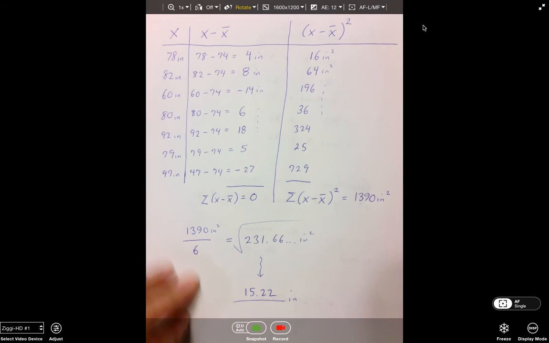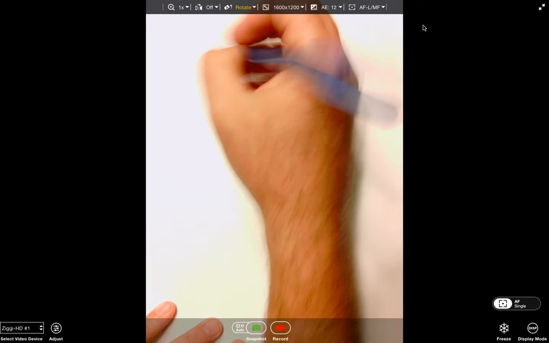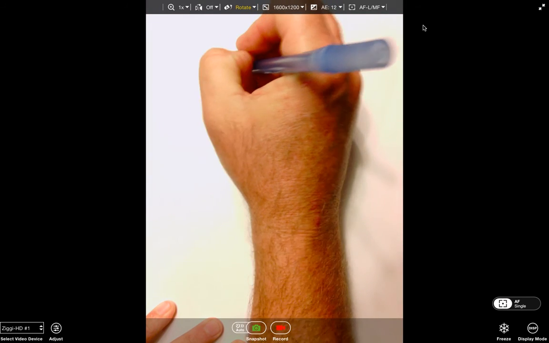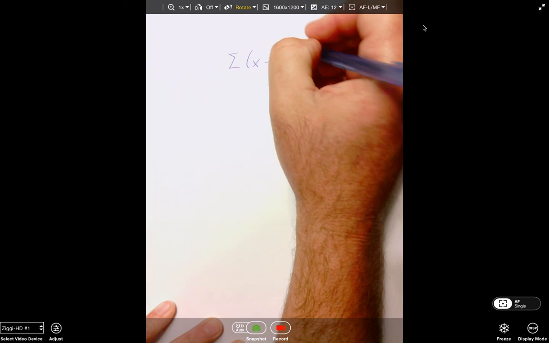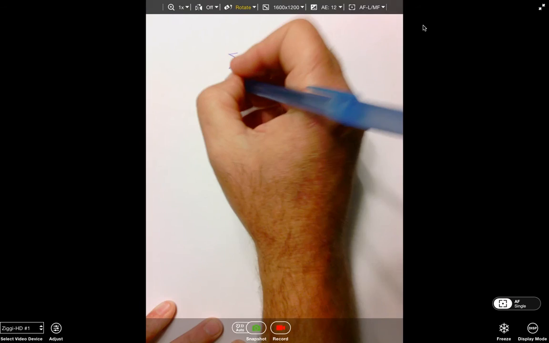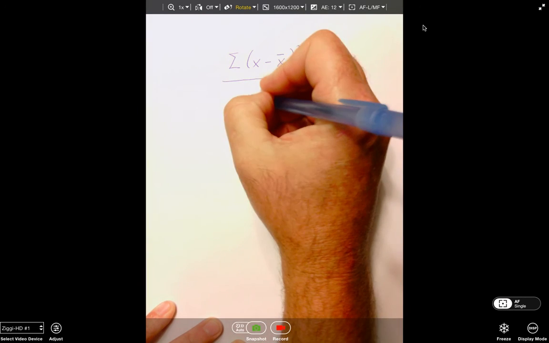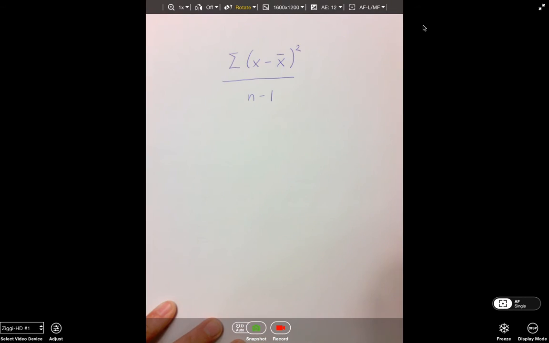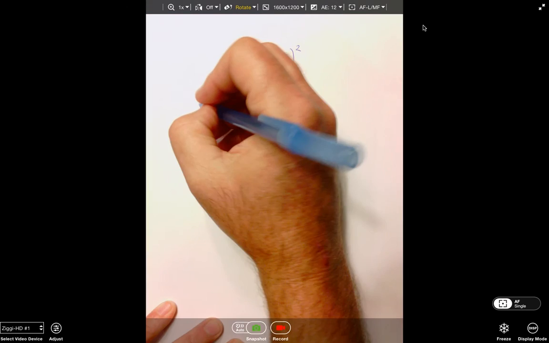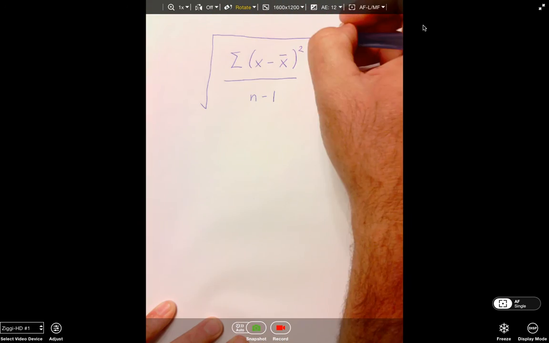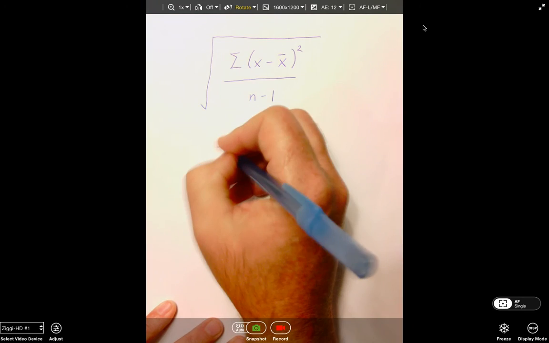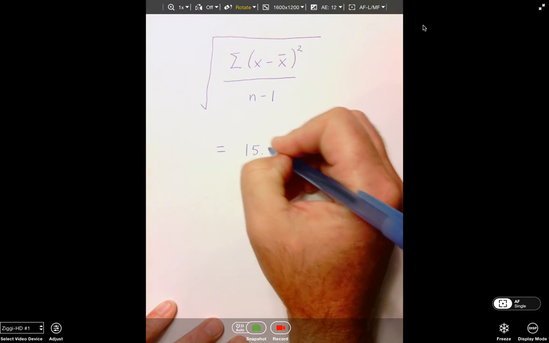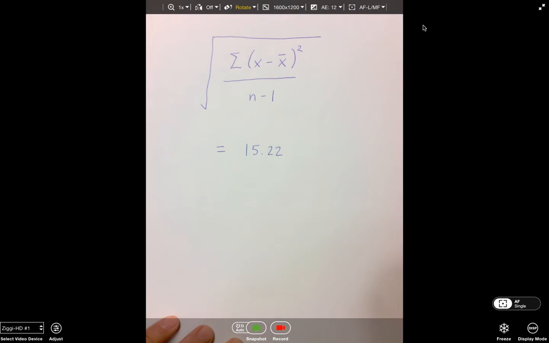So guys, what have we done here? We have seen that we can take the sum of these deviations, differences squared, divide not by n, but by n minus 1, take the square root of that, and in our problem we ended up with 15.22.